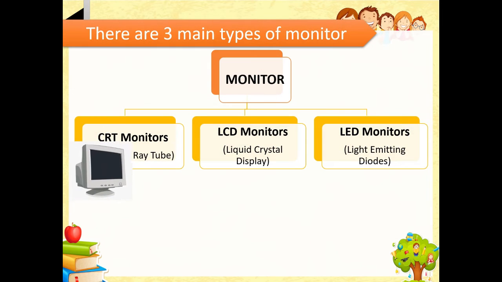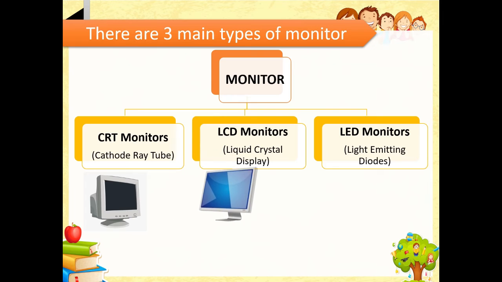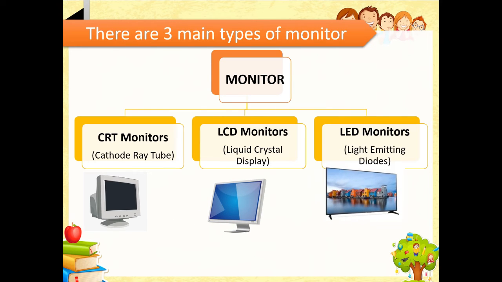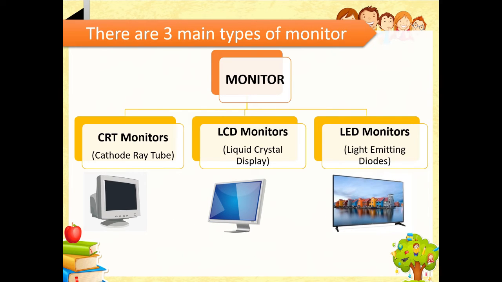There are 3 main types of monitors. First, CRT monitors, or we can say cathode ray tube. The second one is LCD monitors, or we can say liquid crystal display. The last one is LED monitors, or light emitting diodes.